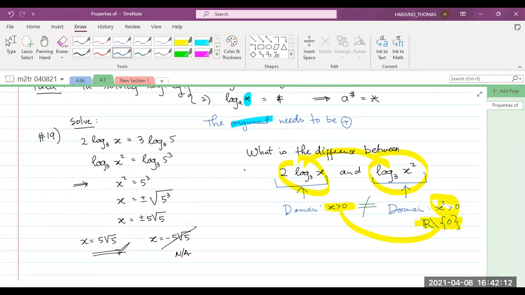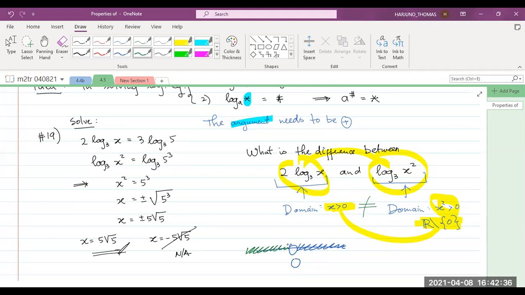Your domain was originally only positive. Now your domain becomes positive or negative. So you may get an extraneous solution by doing so.